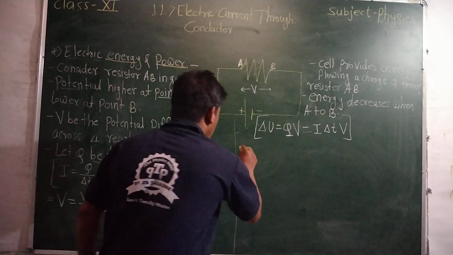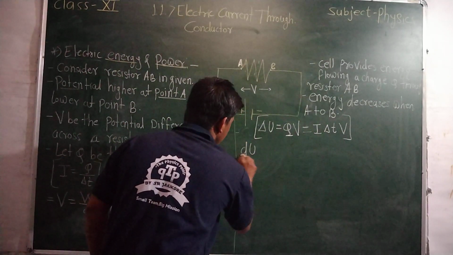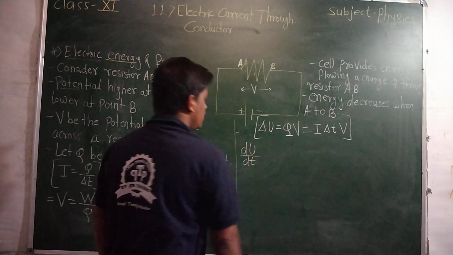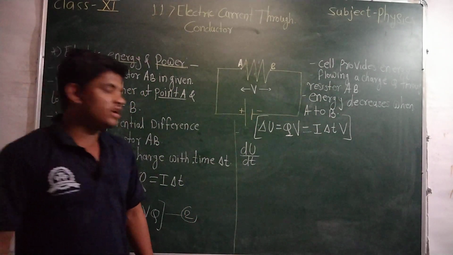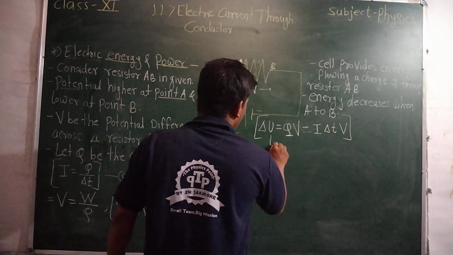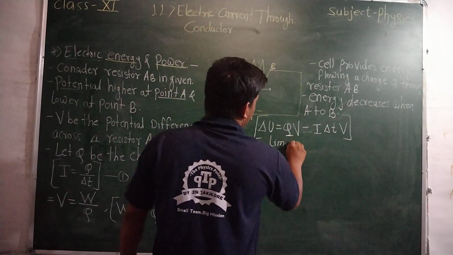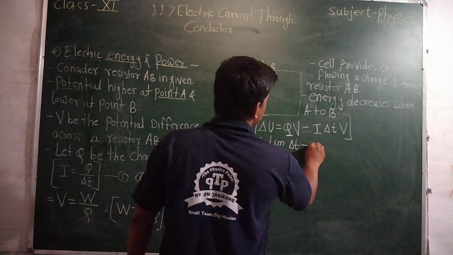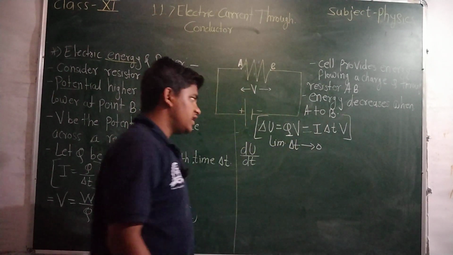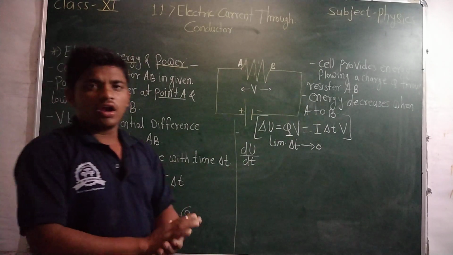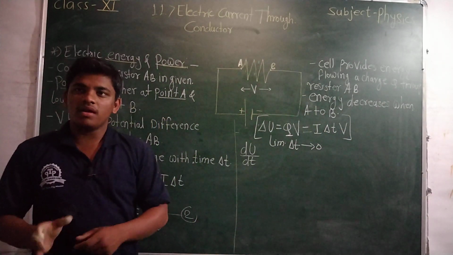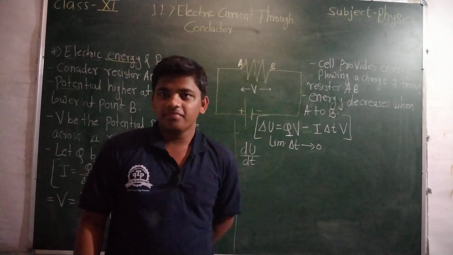Then dU by dt with respect to time, dU by dt, and here we take the limit as delta T tends to 0. Energy will be conserved by the principle of conservation of energy.